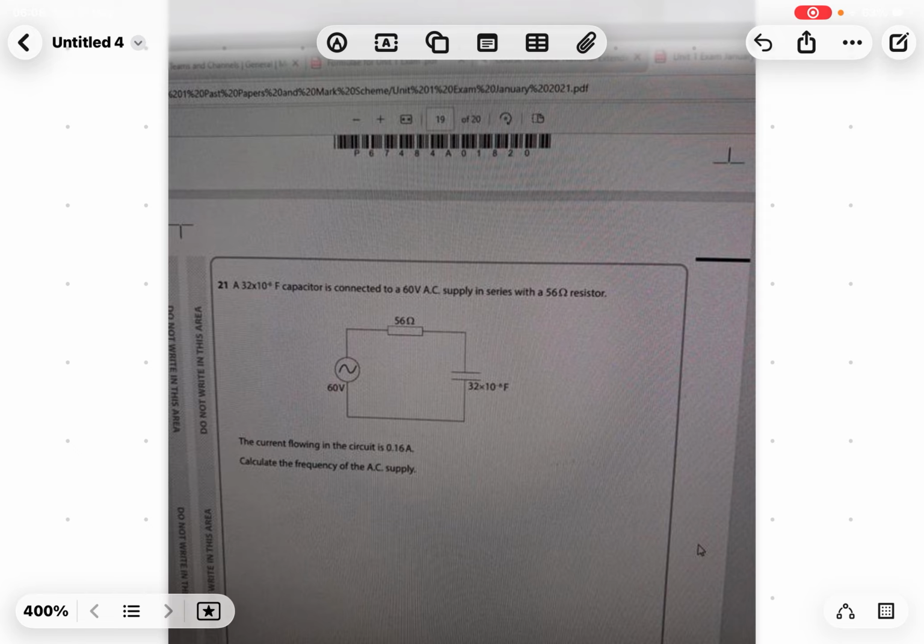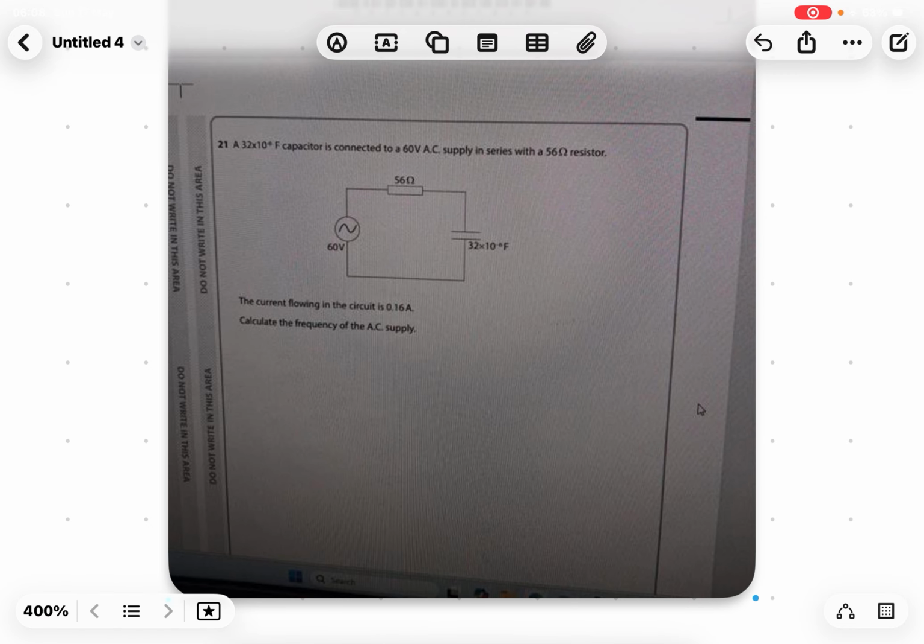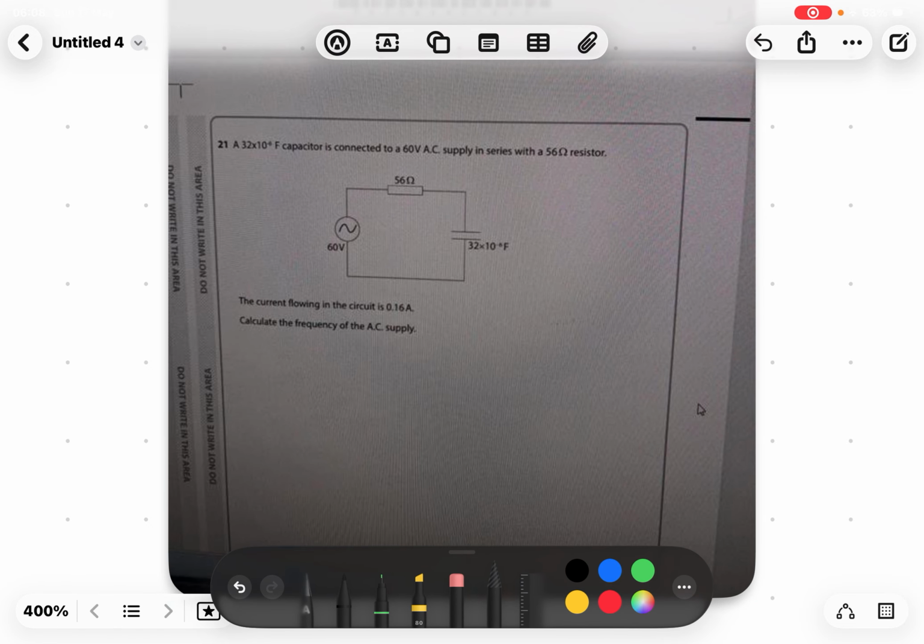After that, here's the next question. Here we're looking for the frequency. In the formula sheet, there's no equation for the frequency, but there is this one.